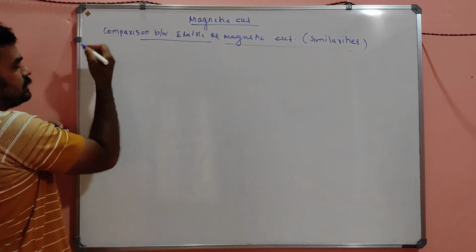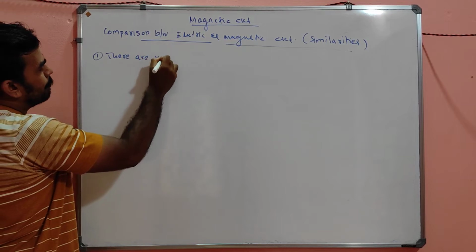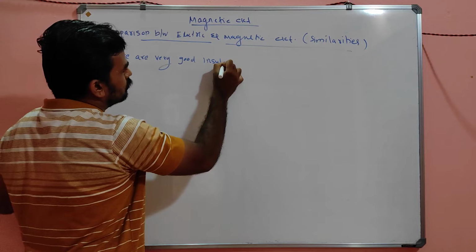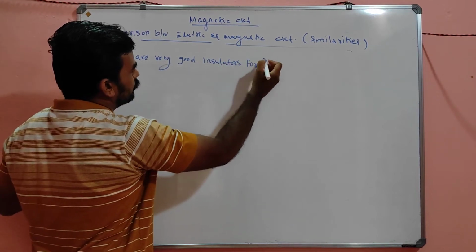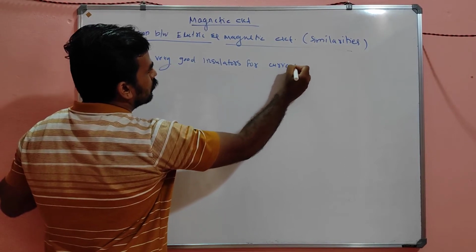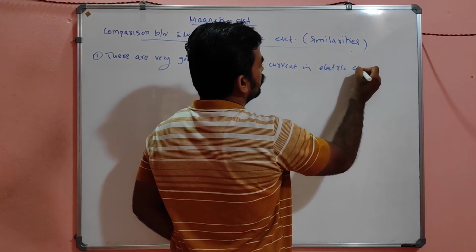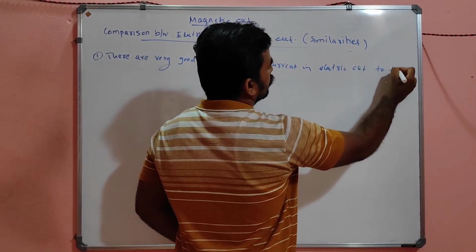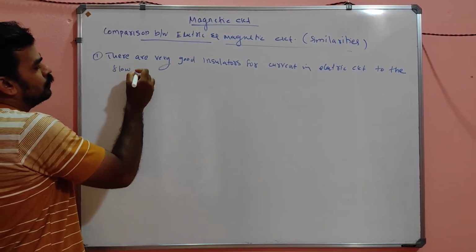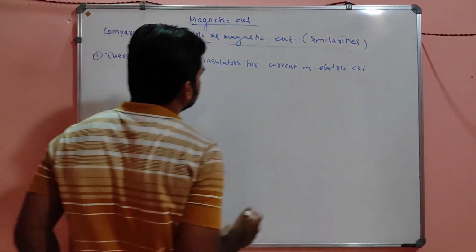First, the dissimilarity is nothing but this: there are very good insulators for the flow of current in an electric circuit.